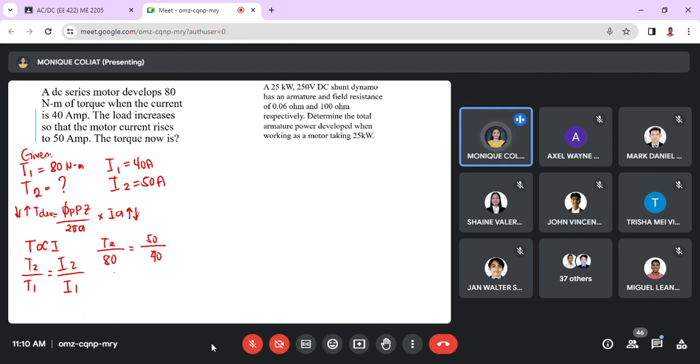So, what will be our T2? 100 Newton meter. Okay, so this is our final answer. Understood?